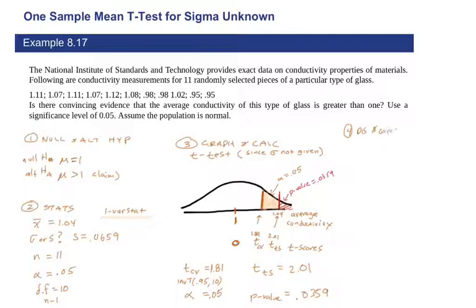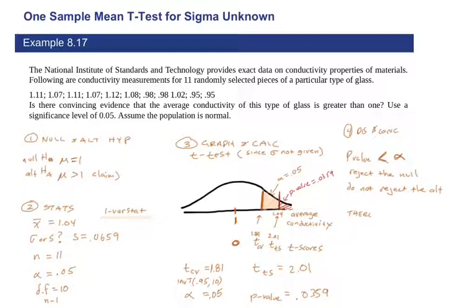Let's go to our discussion and our conclusion here. Let's compare our p-value with alpha. Since the p-value is less, if the p-value is low, we can reject the null. So we're going to reject the null here. That means we do not reject the alternative.